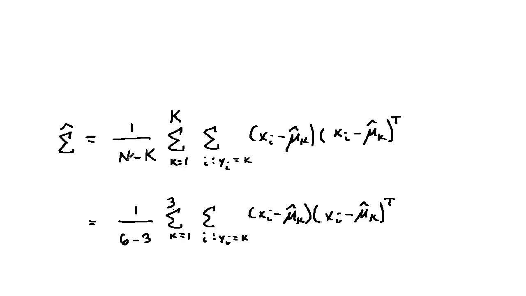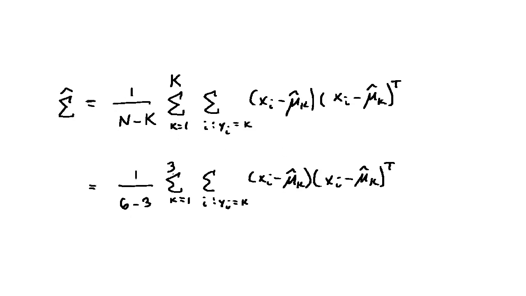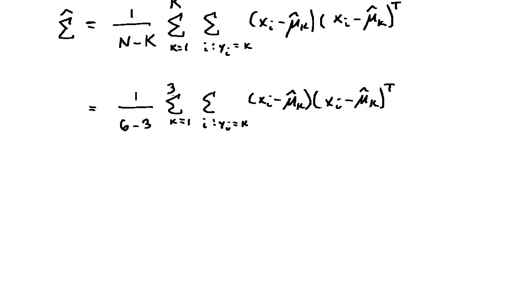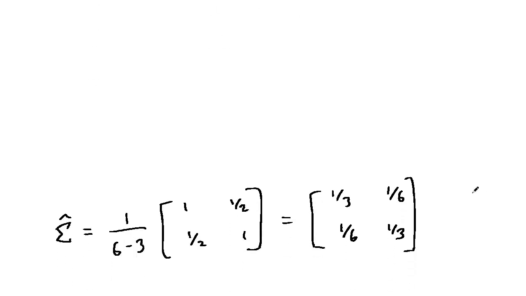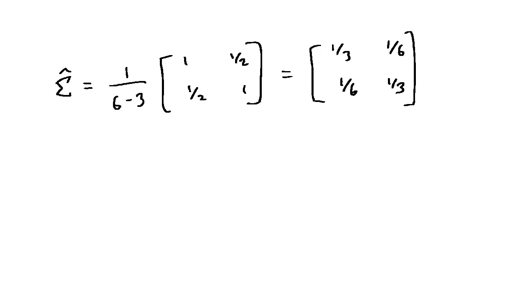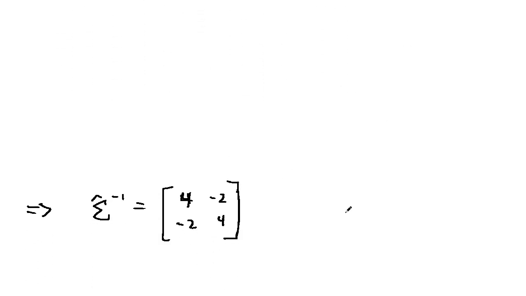Plugging in n equals 6 and K equals 3, we get 1 over 6 minus 3 times this, and that reduces to this matrix. So sigma hat inverse is this matrix.